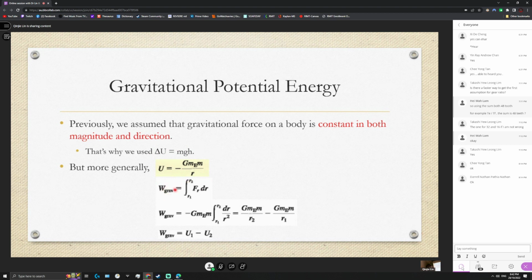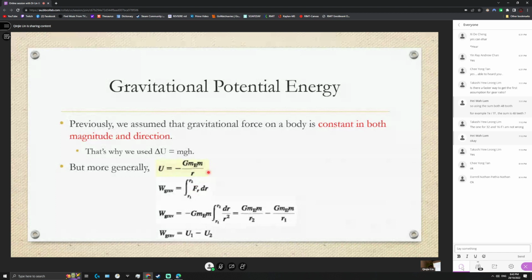So the work done by gravity is the force times distance. Okay, force times distance from r1 to r2, that is, the integral of F dr. Our F is GMm over r squared, from our first equation that we learned in the previous few slides.